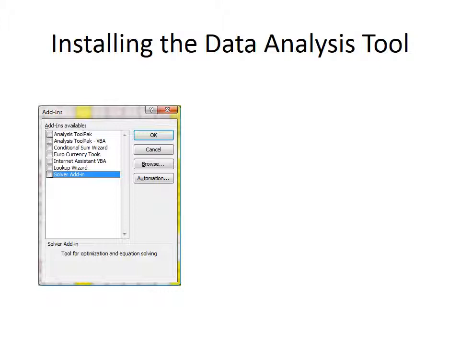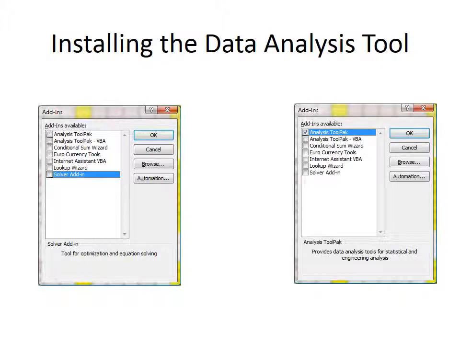What you do is you look for the box to the left of where it says Analysis ToolPak. Now notice there's not only Analysis ToolPak, but there's an Analysis ToolPak VBA. I don't care about the VBA one. What we care about is the one that does not say VBA. So you put a check mark in that by clicking in the box, and a check mark will appear, and it should look like this over here.